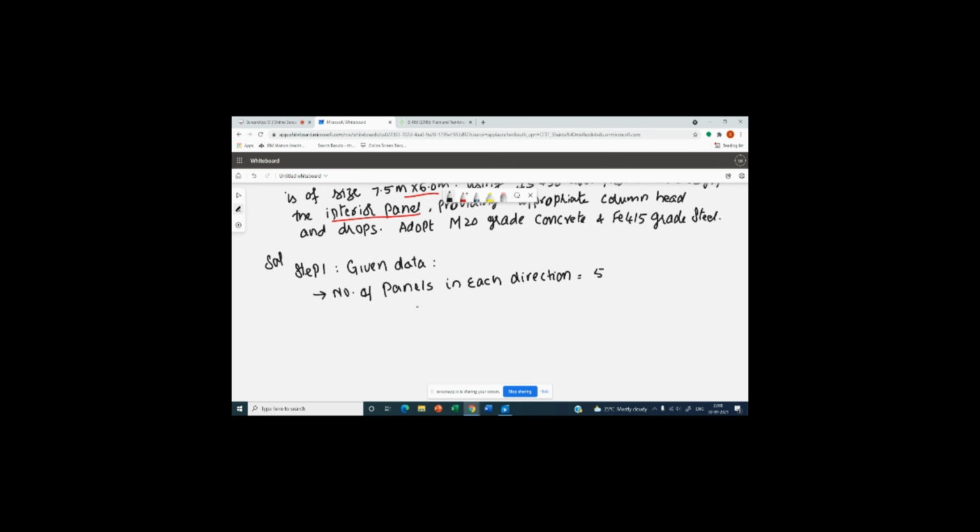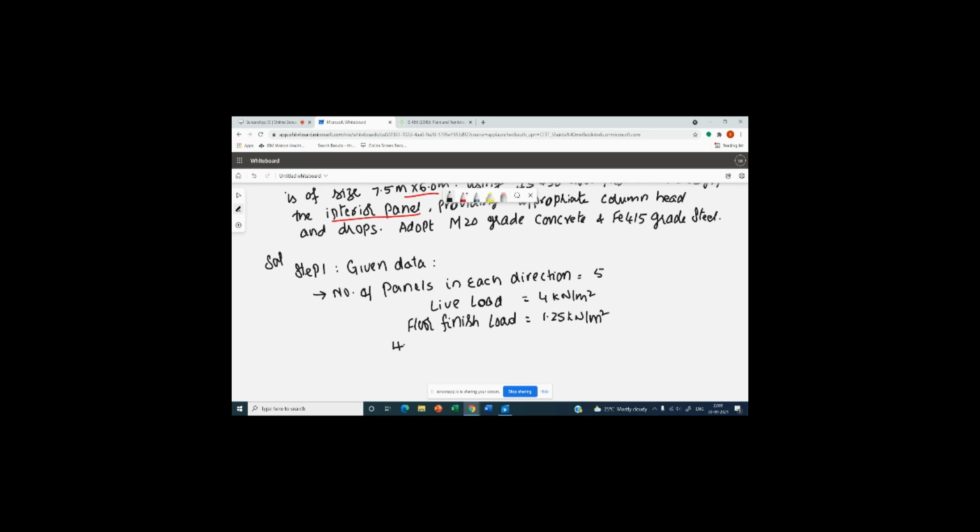Live load is given as 4 kilonewton per meter square. Floor finish load is given as 1.25 kilonewton per meter square.